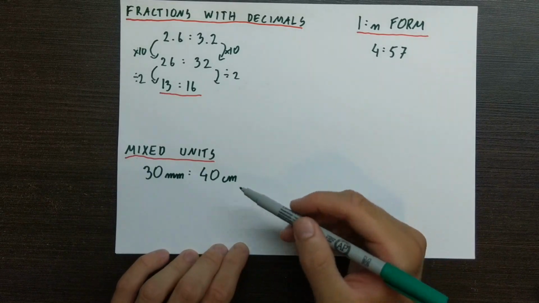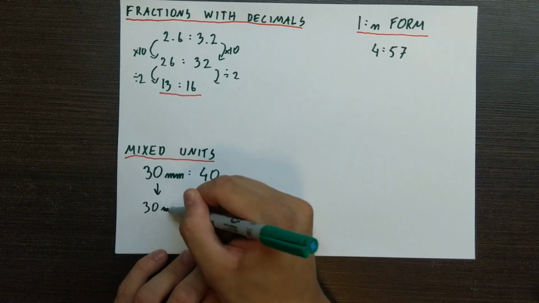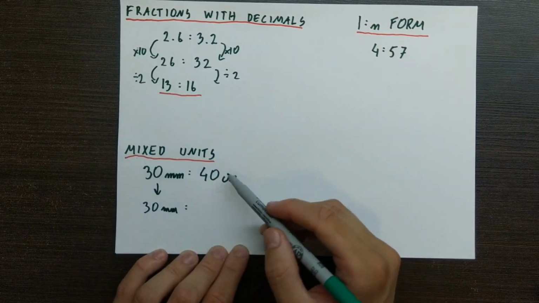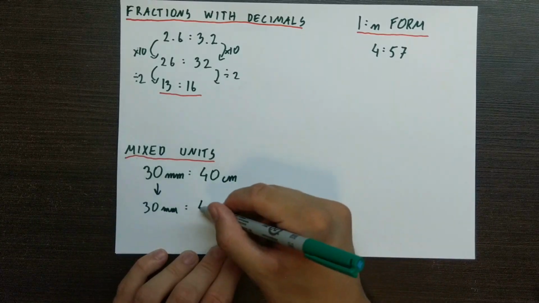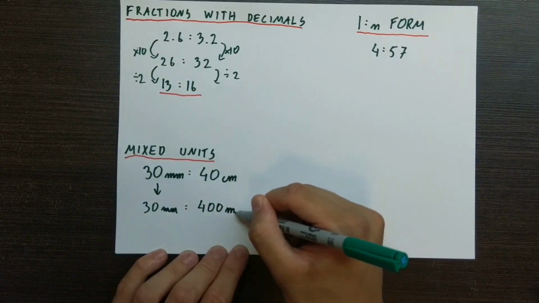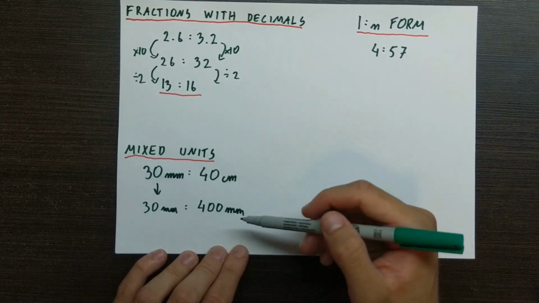So let's do just that. Here we still got 30 millimeters, whereas here, because it's centimeters, we need to convert this to millimeters. We need to multiply that by 10. So here we have 400 millimeters. And now we can shorten it to the simplest form.